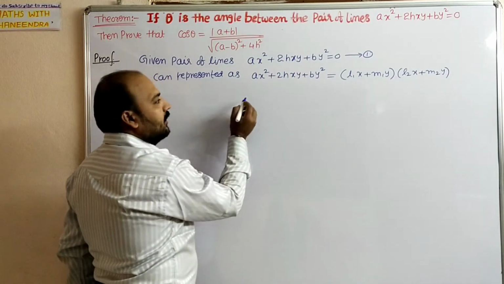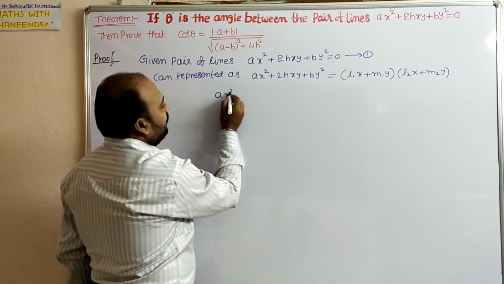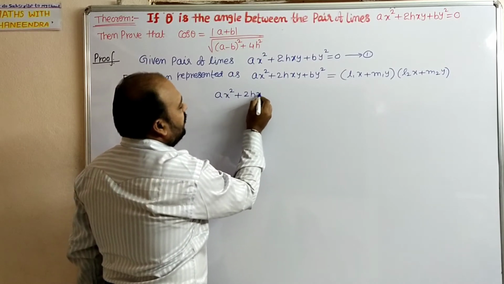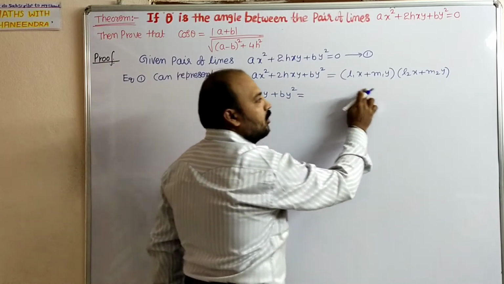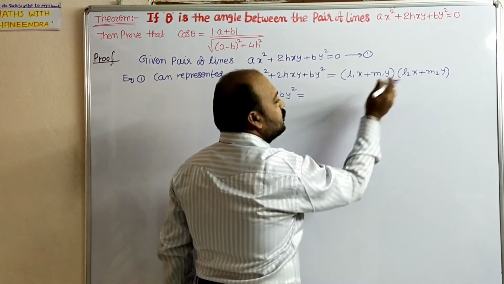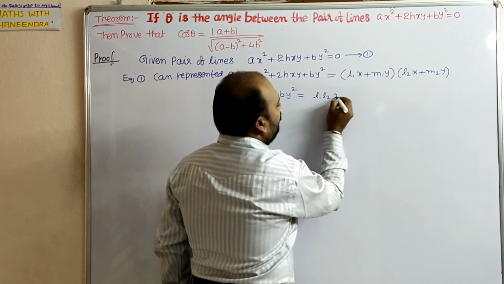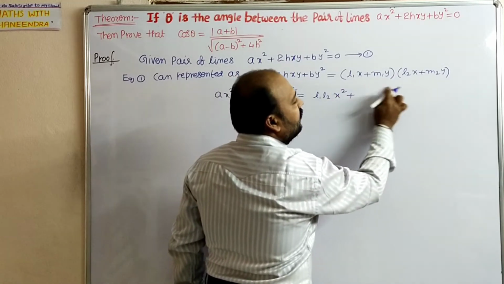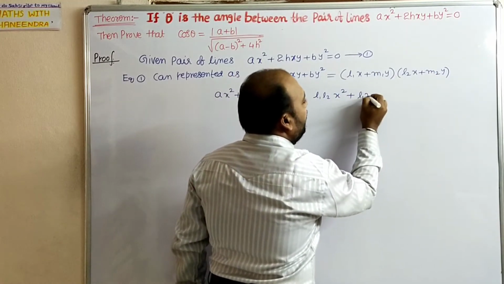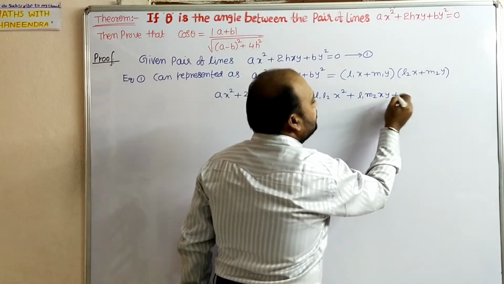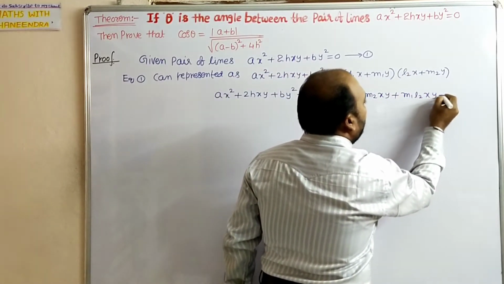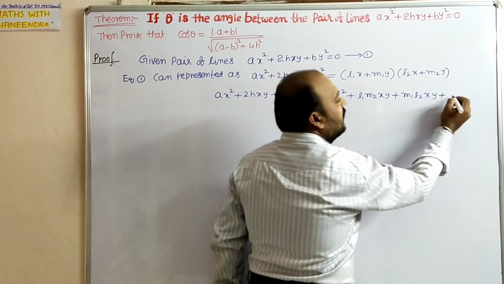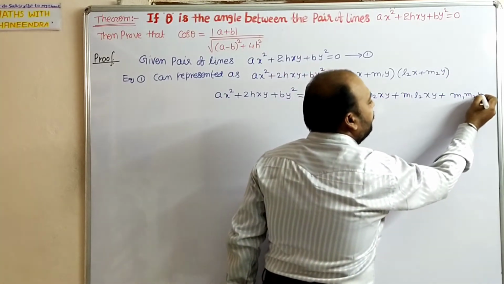Now we do the actual multiplication: L1x into L2x gives L1 L2 x square, L1x into M2y gives L1 M2 xy, M1y into L2x gives M1 L2 xy, and M1y into M2y gives M1 M2 y square.